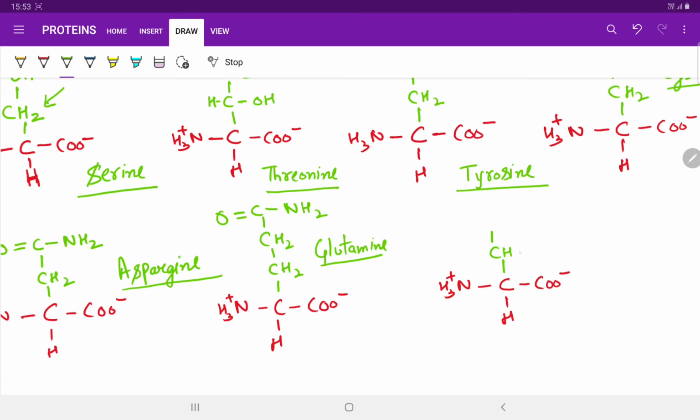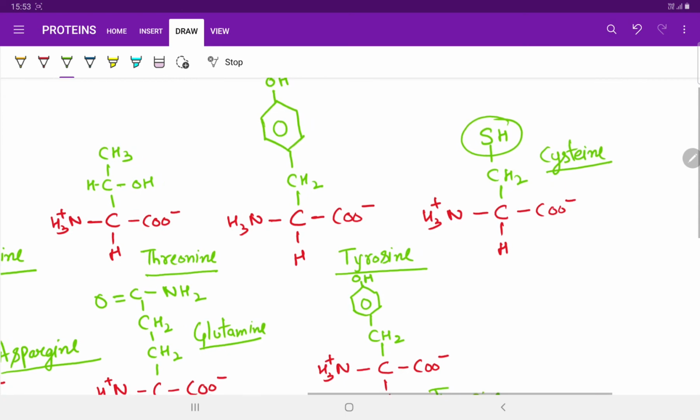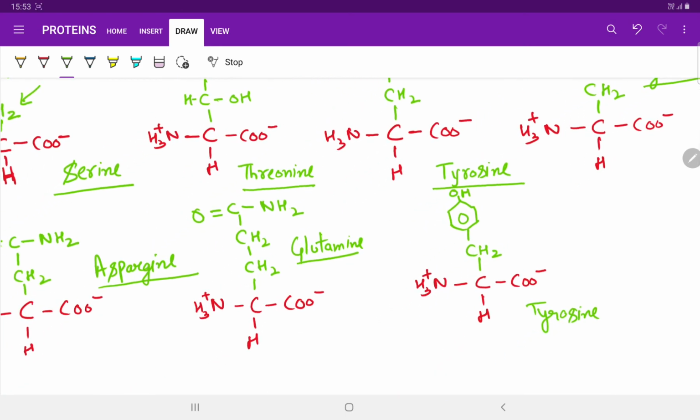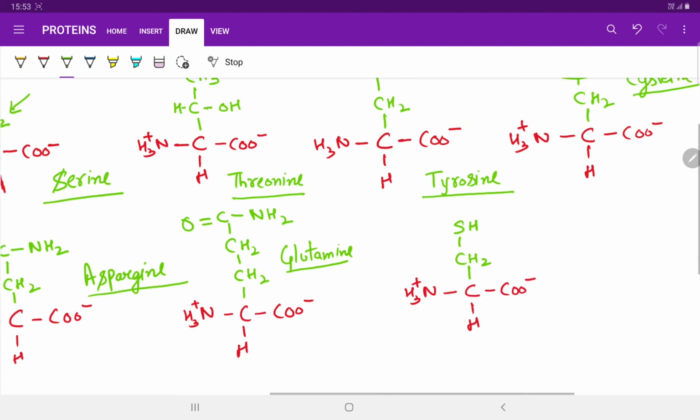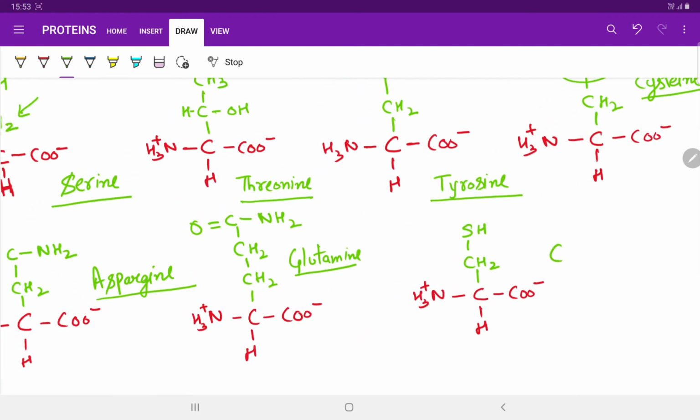Now let us draw that. OH, and this is tyrosine. Now after tyrosine, the next structure we will start off is cysteine, and in the case of cysteine, what is added is simply a sulfhydryl group, SH, and it will form cysteine.